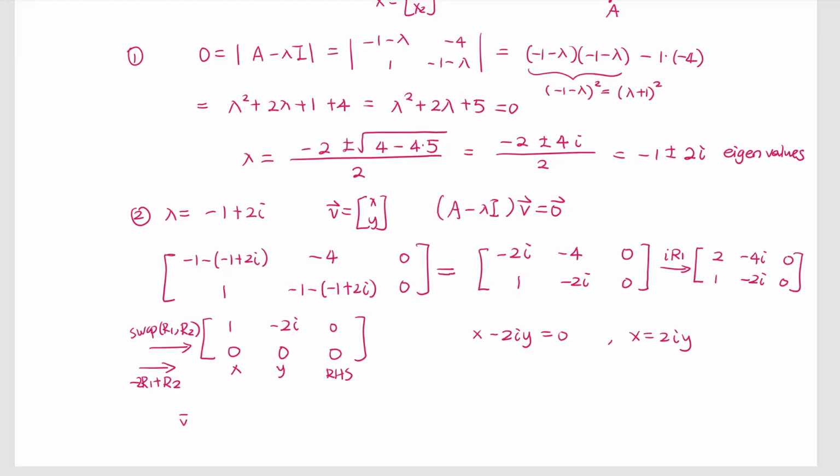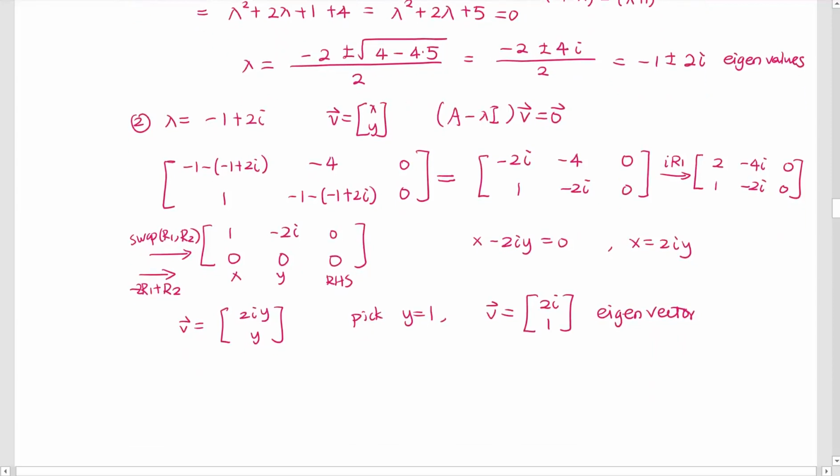Then v is (2iy, y), so we can pick y to be 1. Then v is (2i, 1), the eigenvector associated with the eigenvalue minus 1 plus 2i.